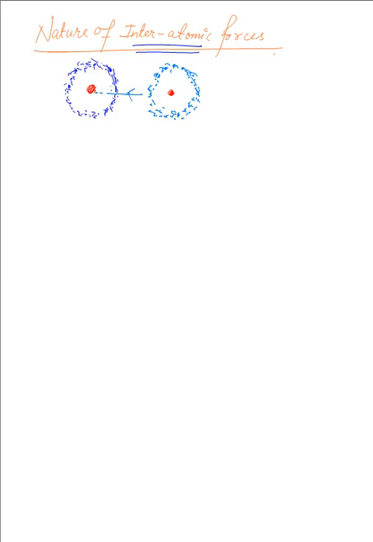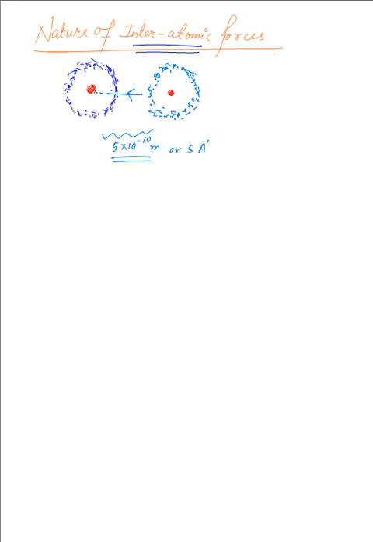But as the atoms tend to approach one another, they will stop at a point when the electron cloud of one atom is in very close proximity to the electron cloud of the other atom, say at a distance of about 5 times 10 to the power minus 10 meters, which is 5 angstrom.